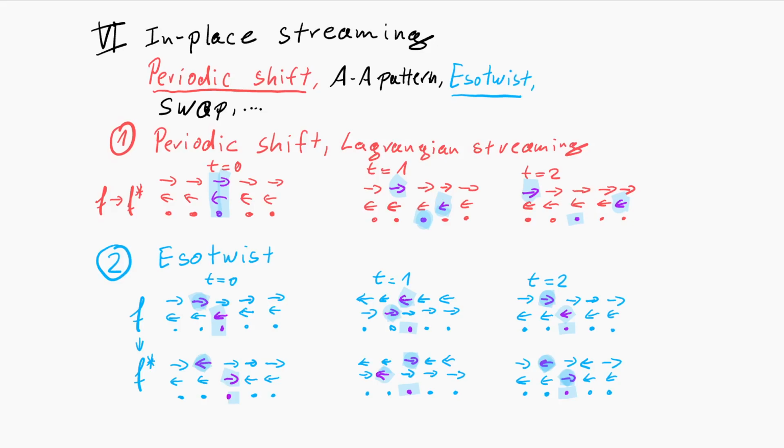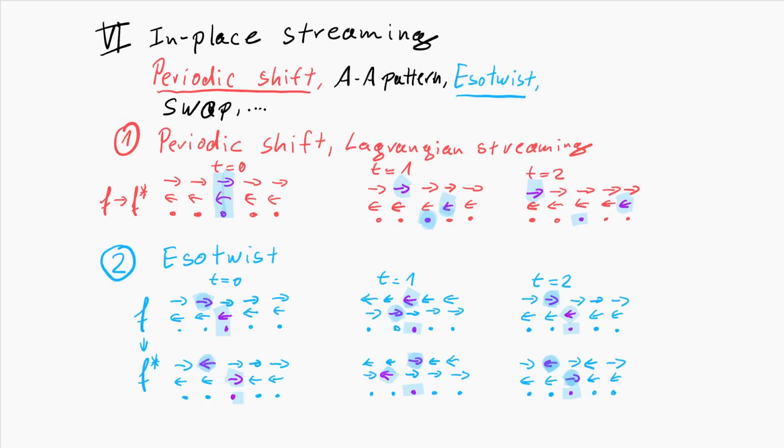And there are nowadays algorithms, of course, that can deal with this merging of streaming and collision, and at the same time use only one matrix. And there are many of these algorithms, with different qualities and properties probably.